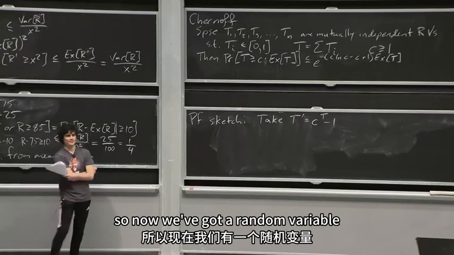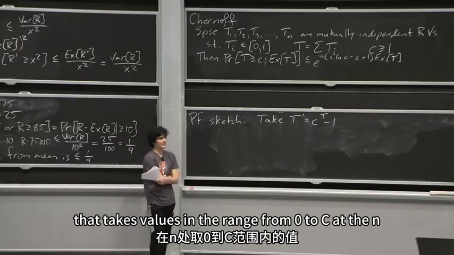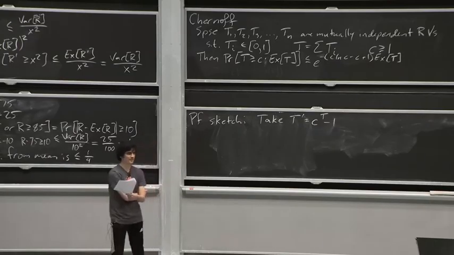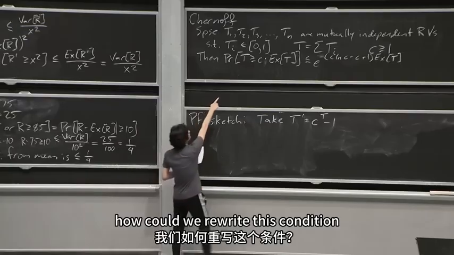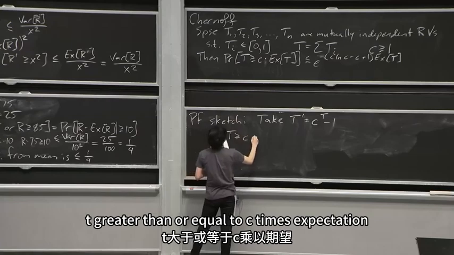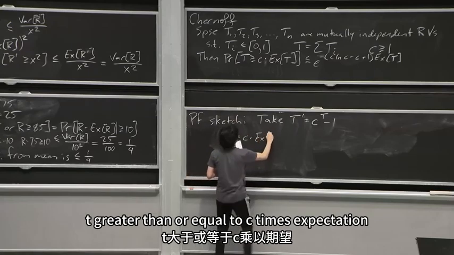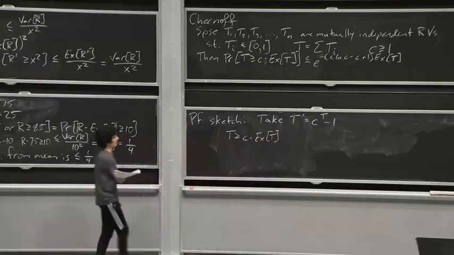Okay. So now we've got a random variable that takes values in the range from 0 to c to the n minus 1. Now, how could we rewrite this condition, T greater than or equal to c times expectation of t, in terms of t prime?